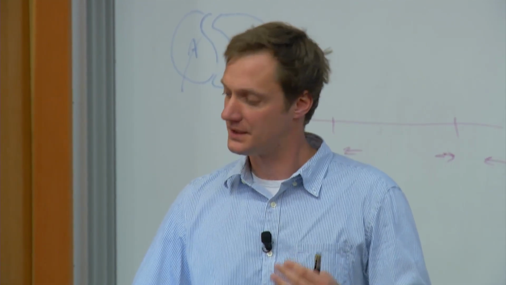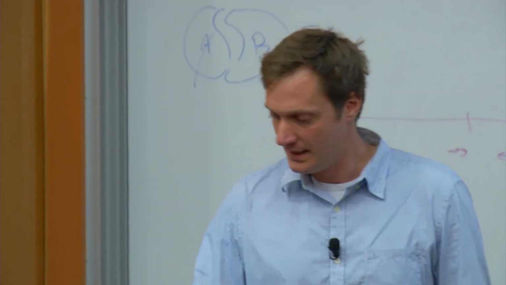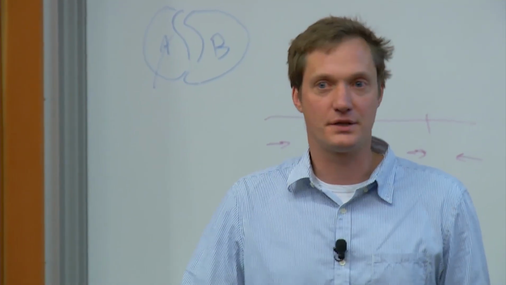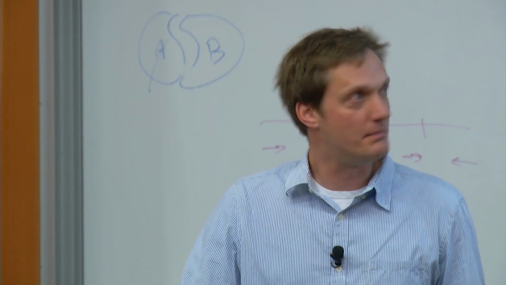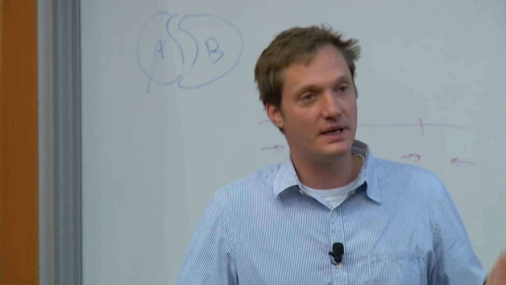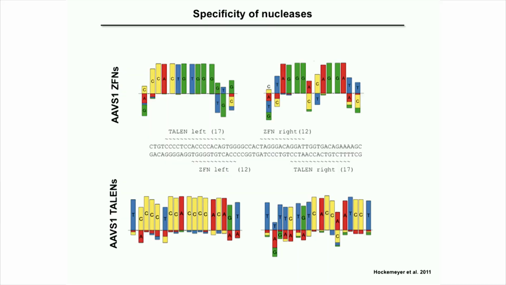This AAVS1 locus was one of the first that we investigated, and we wanted to figure out how specific the nucleases that we are using are. I want to quickly introduce to you this assay, which is called CELEX sequencing, where you determine the specificity of a nuclease based on an in vitro assay where you ask what the nuclease is actually binding to.